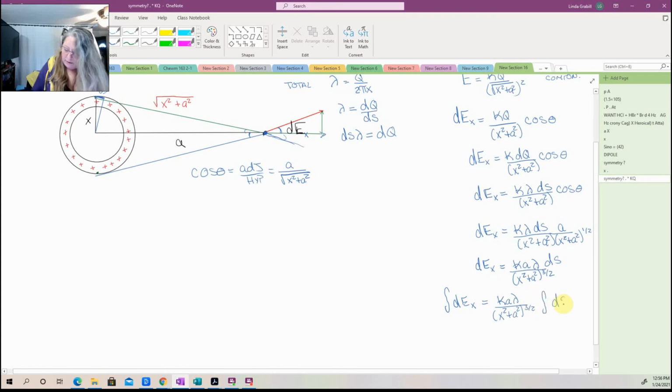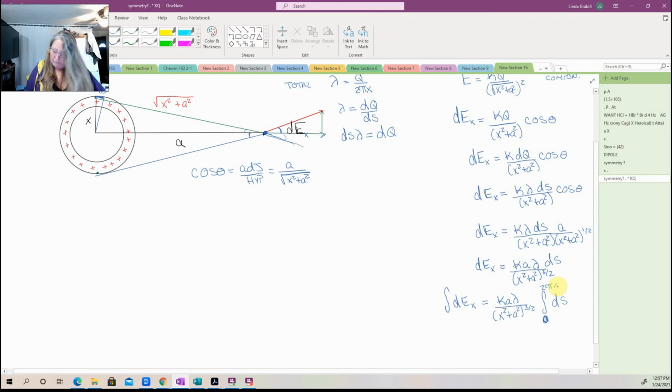And now let's think about what our limits are going to be for our ds. It's my arc length going all the way around, so essentially the circumference. So if I'm going all the way around my circle, what am I going to get? Starting at 0, to, let's see, what did we define our total arc length as? 2 pi x.